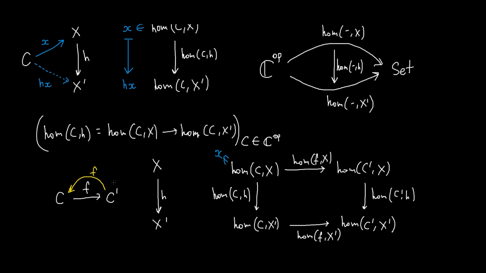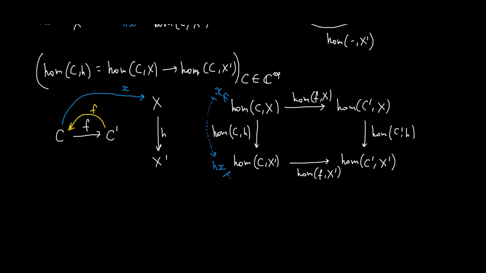That will be an arrow from C to X. If I map this thing down here by Hom CH, it will map to, remember, the natural transformation. Well, it's not a natural transformation yet, but the thing we are trying to prove is a natural transformation. It attaches the H on the left side of the variable. In other words, it composes this X with that H there. So we'll get HX here.